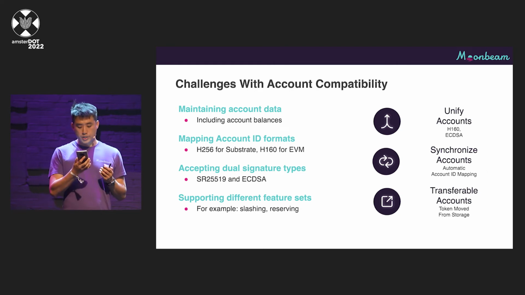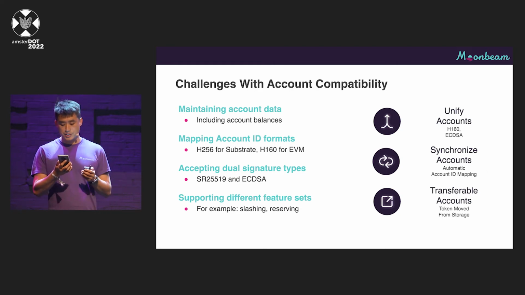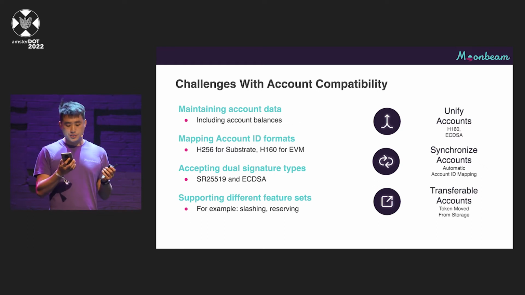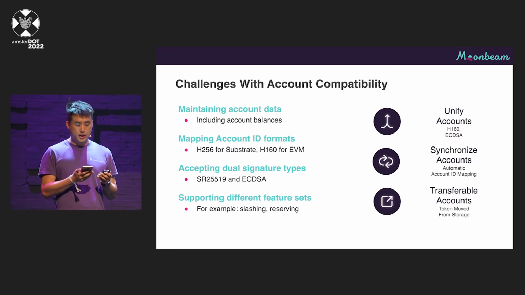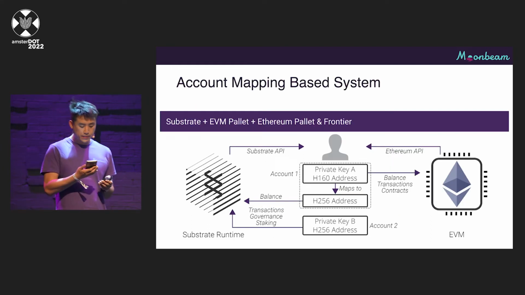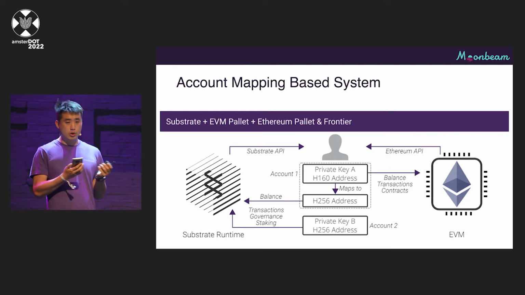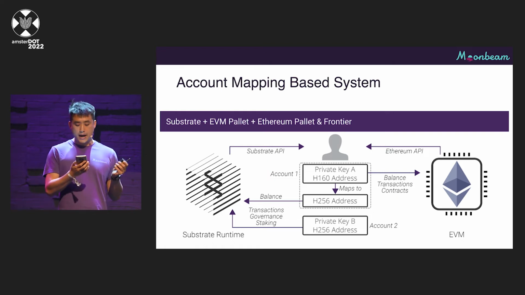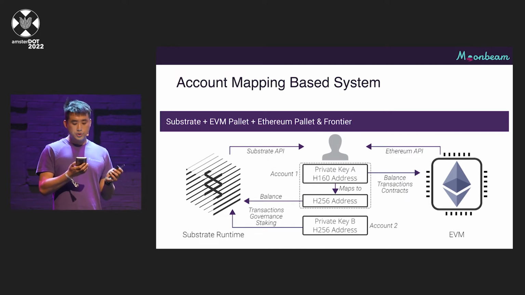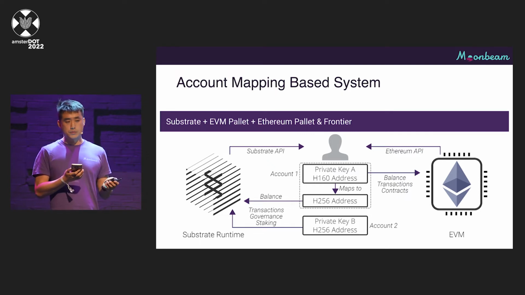So how do we bring a unified account system across these two very different architectures? One possible approach could be to map a Substrate account and key pair to an Ethereum account and key pair.